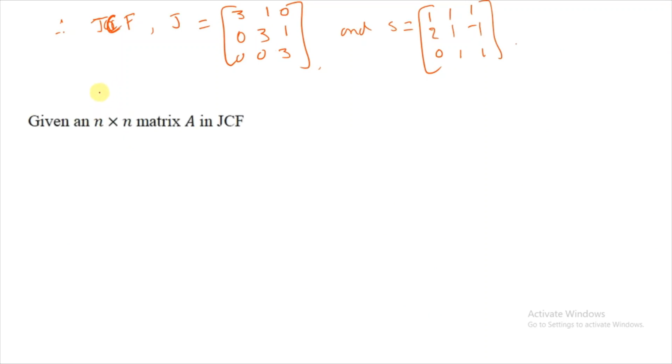Therefore, this is the Jordan canonical form. Therefore, A equal to S J S inverse. You can check: if you multiply S, J and S inverse, you get the A matrix. That is, A is similar to the Jordan canonical form.